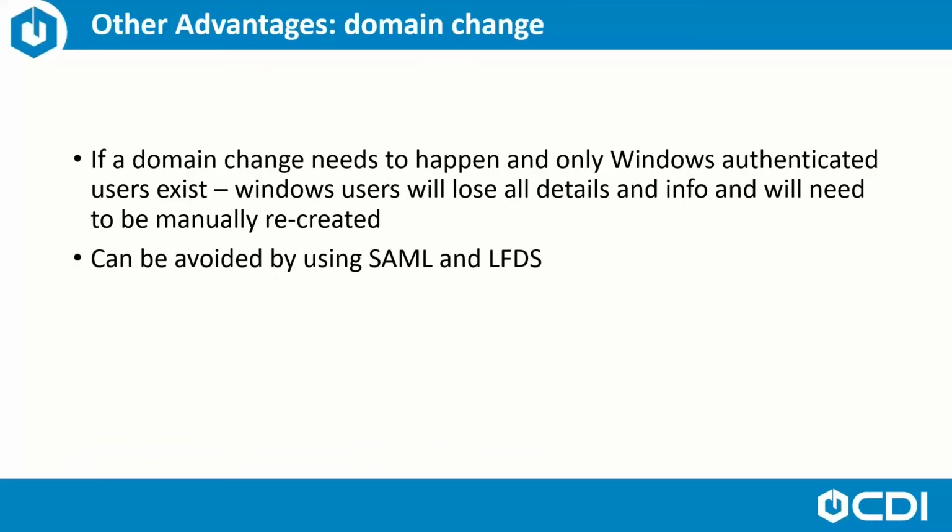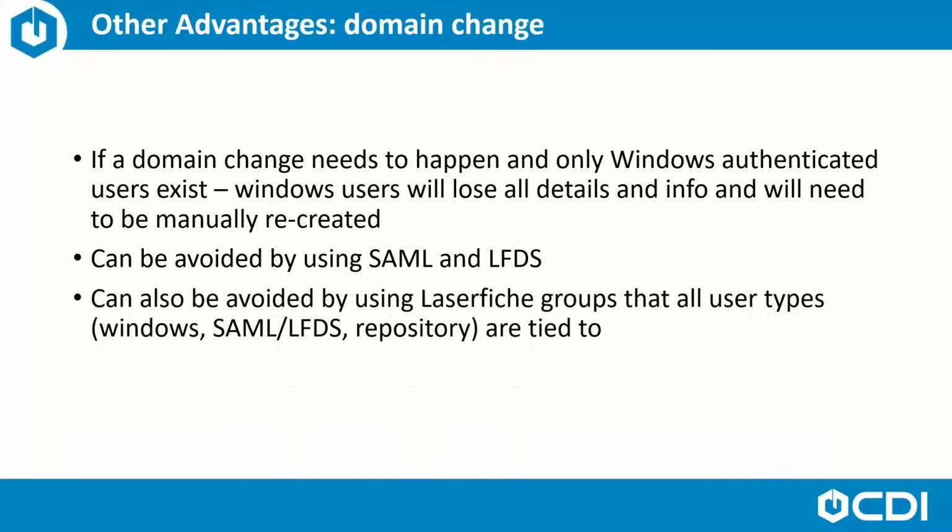That scenario can be avoided by using SAML in conjunction with Laserfiche Directory Server. It can also be avoided by using Laserfiche groups that all user types belong to. And those user types would be Windows users, SAML/LFDS users, repository users, Windows AD users, yep.